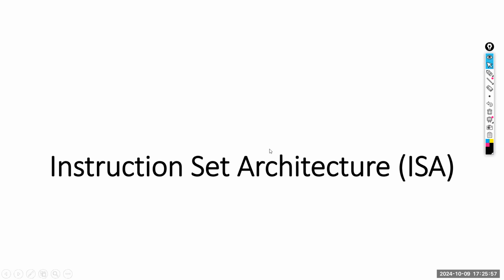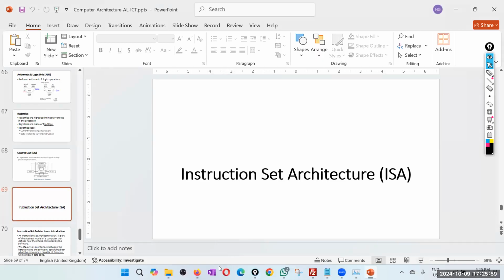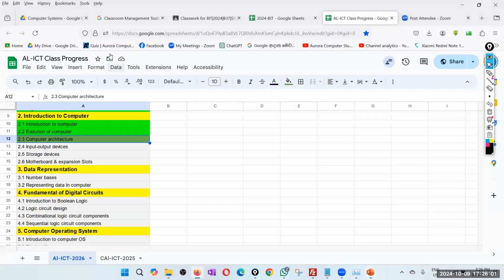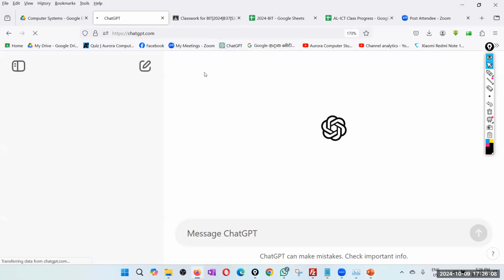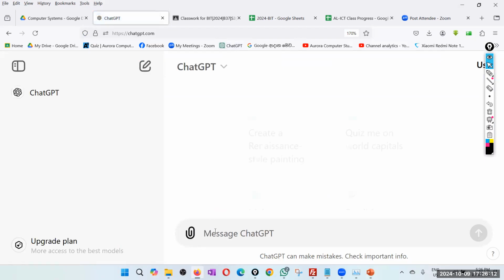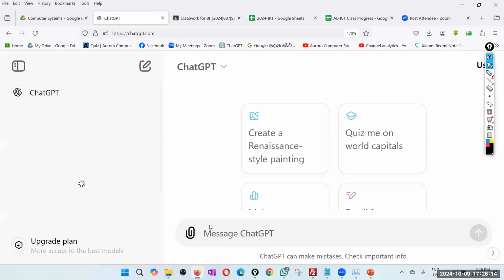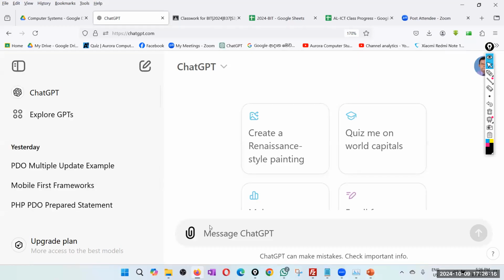For example, if you feel you need a little bit more detail, go to ChatGPT. Of course, you can specifically ask your question. You can even ask ChatGPT to explain it in a very simple manner. You don't even have to say please.